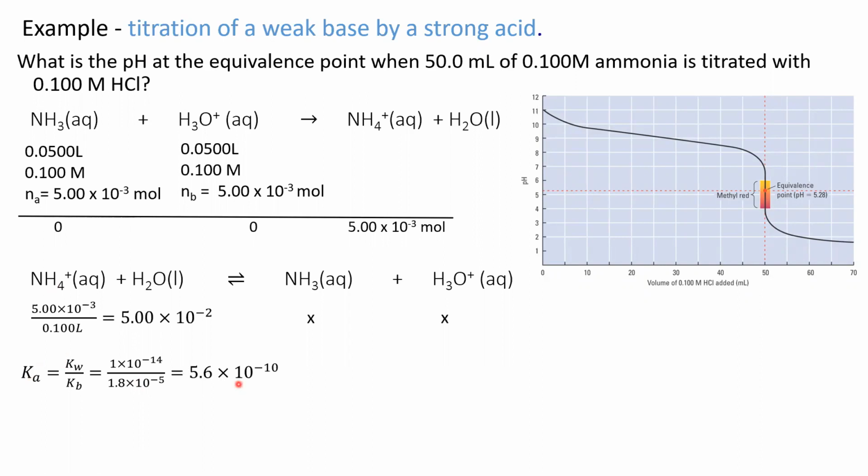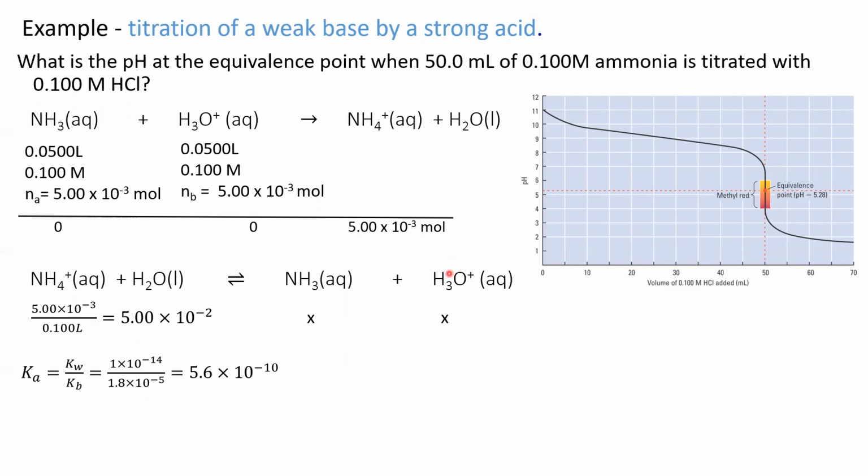So now we're at the point where we're looking at just a weak acid equilibrium. So here's your Ka. Here are your products. Here's your reactants. Set up your equilibrium. Solve for X. X is the hydronium ion.